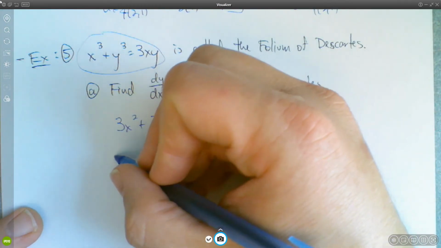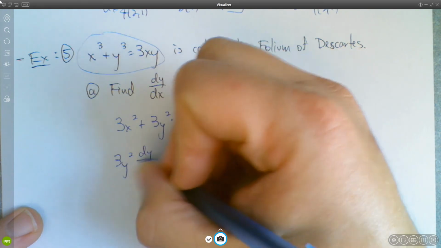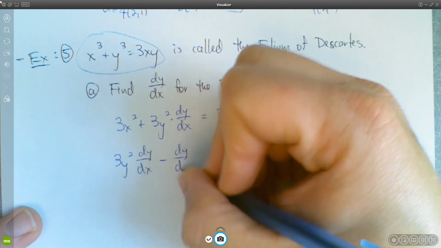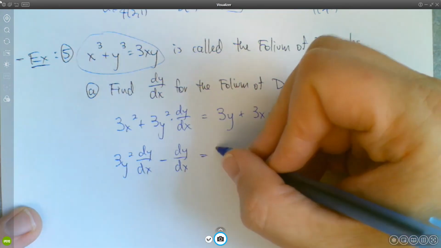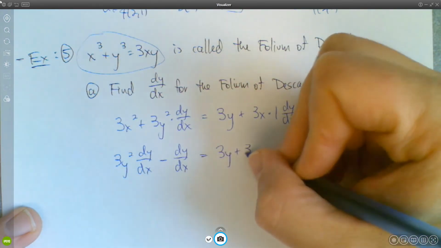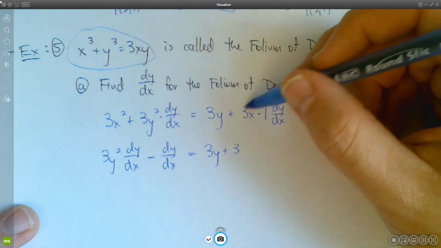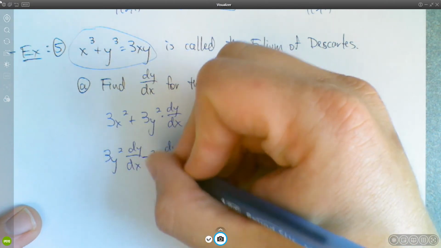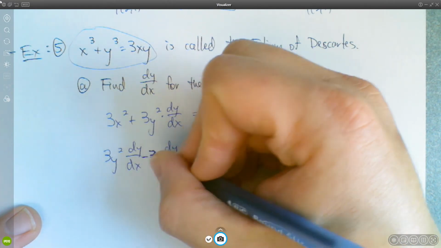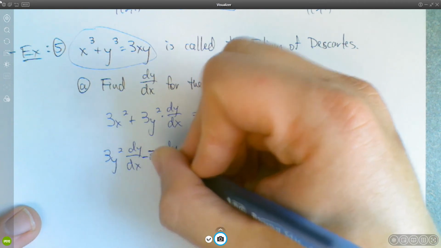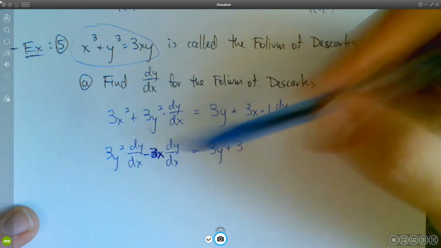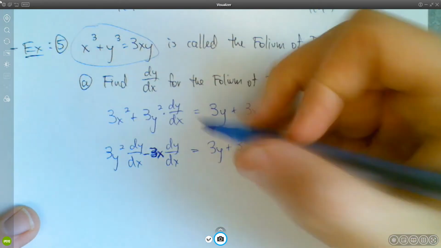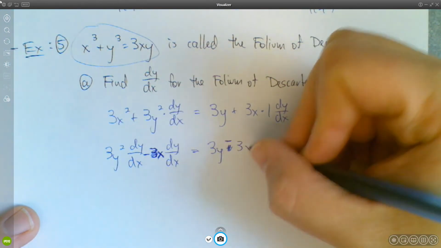So I'm going to have 3y squared dy/dx minus 1 times dy/dx, right, equals 3y plus 3, oh, I'm sorry, no, it's a 3x times dy/dx over here, isn't it? My apologies. This should be a minus 3x times dy/dx. And then this equals 3y, and then minus 3x squared.